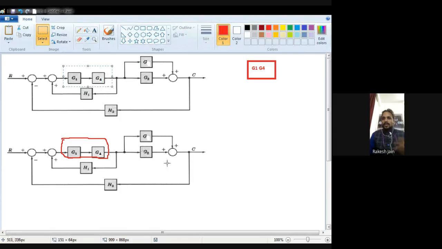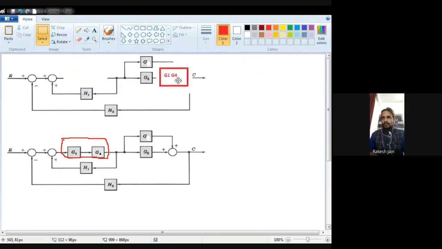So G1 and G4, these two blocks will be completely removed and only a single block will become, whose gain is G1 G4. As we solve step by step, we will find the correct answer.